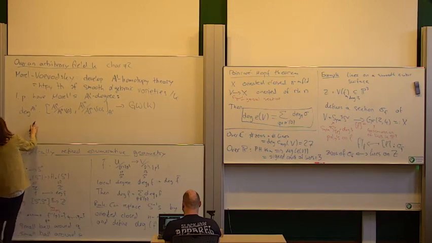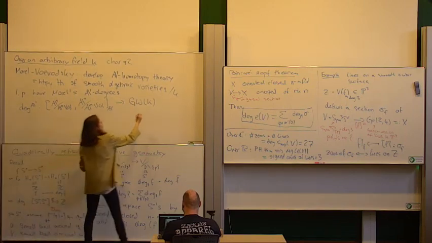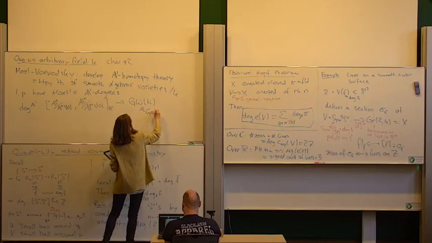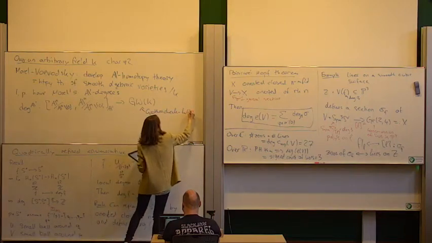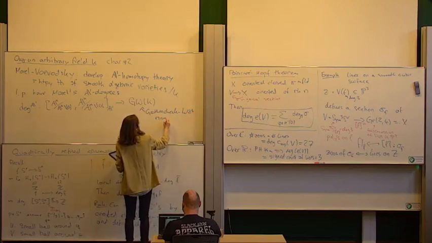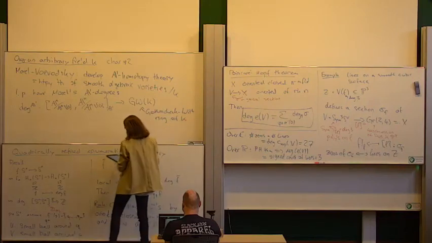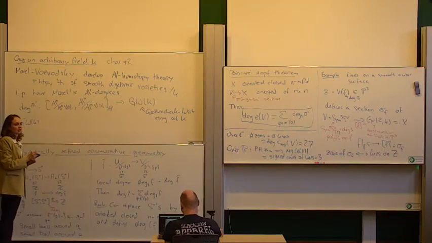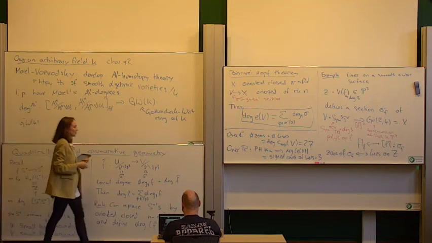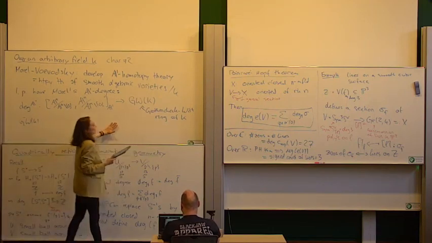So what is this? This is the Grothendieck-Witt ring of our field K. It just works.